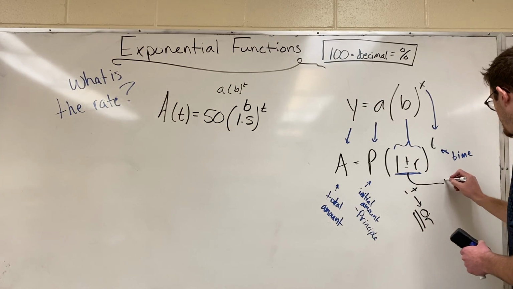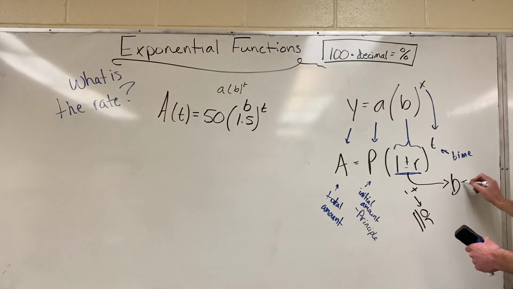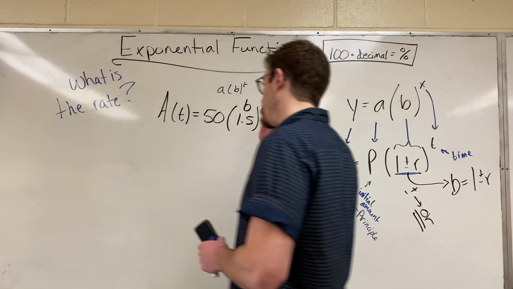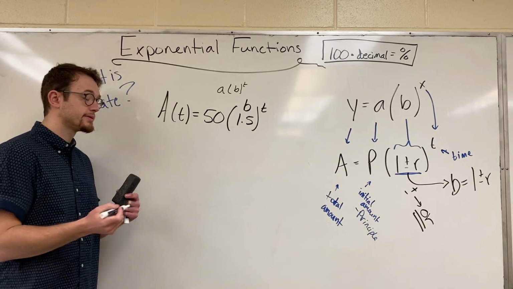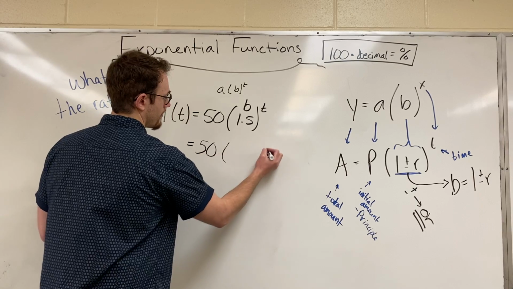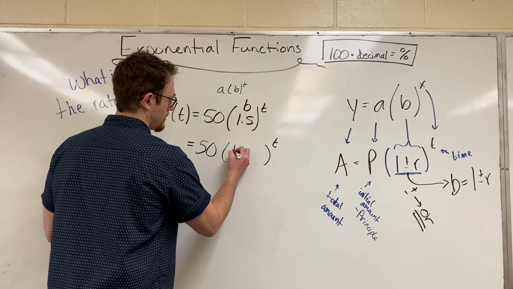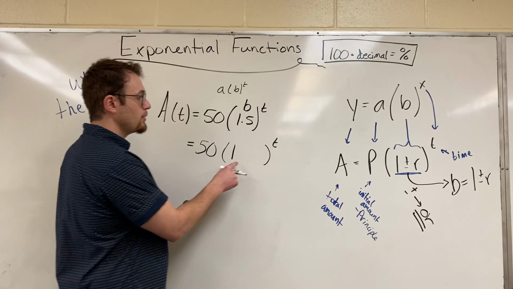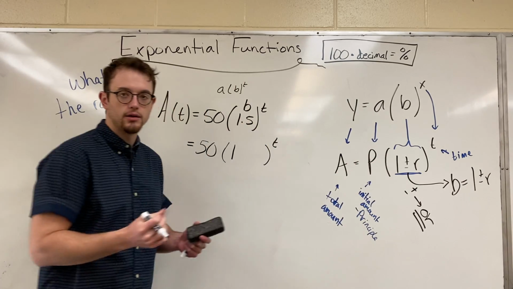that B equals 1 plus or minus R. So I just rewrite this. Now you have to decide, is it plus or minus? You know it's got to be 1. That 1 is always there.